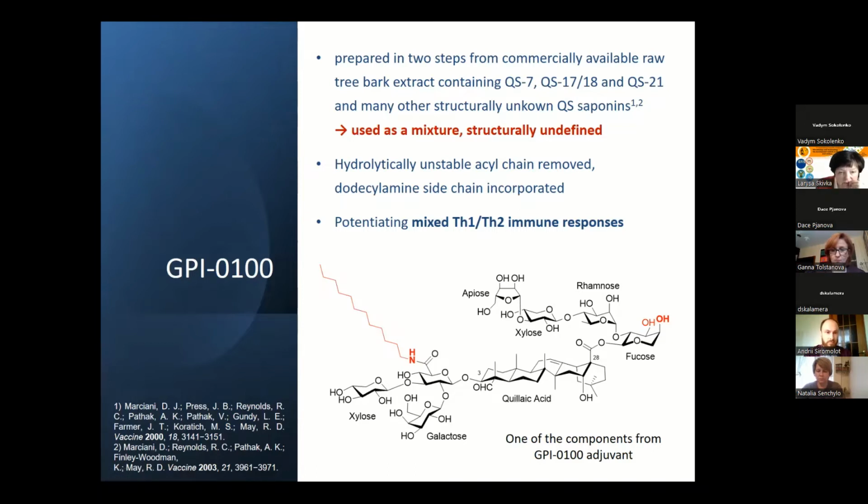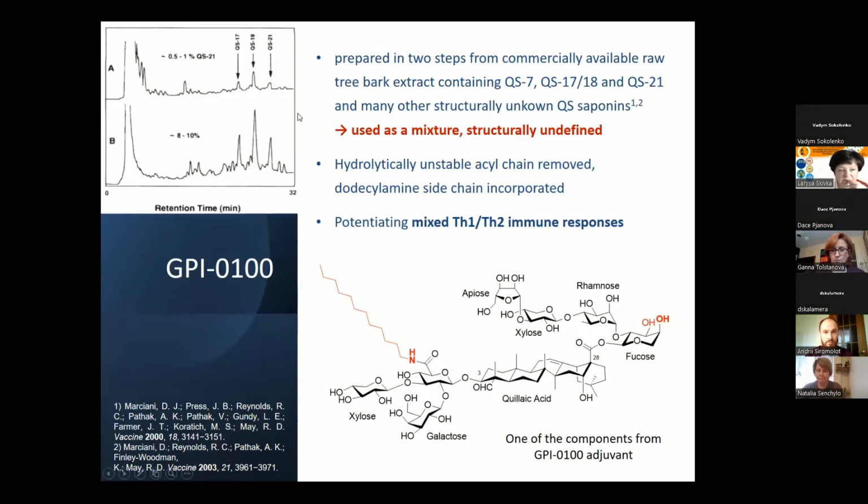And we were interested to identify the active compound, structurally defined compound from GPI, which is responsible for its immunoadjuvant activity. As you can see here, the most abundant saponins in raw bark extract are QS17 and 18.